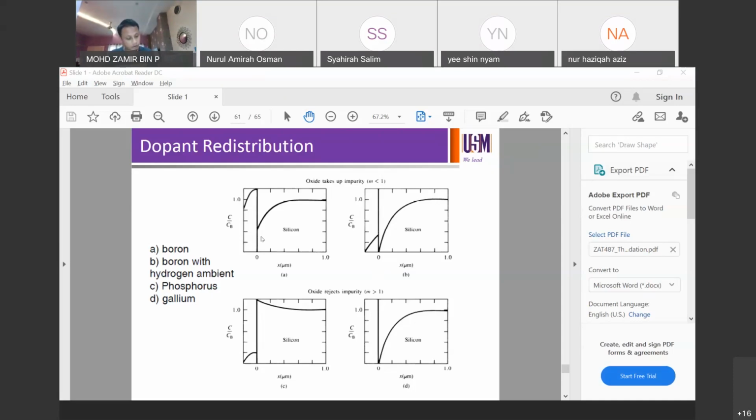If it doesn't give the value of M, okay, let me find for you later the value of M for boron with hydrogen.